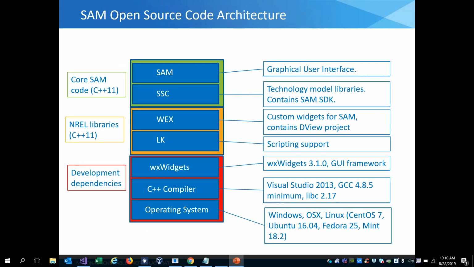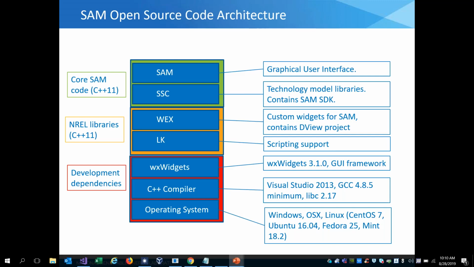Moving into the way the open source code is structured, our code is built on a stack of software. You have your traditional operating system, which we support Windows, OS X, and Linux of various flavors. There's a C++ compiler, and then we use WX Widgets, an open source graphical user interface framework that allows us to build user interface elements.